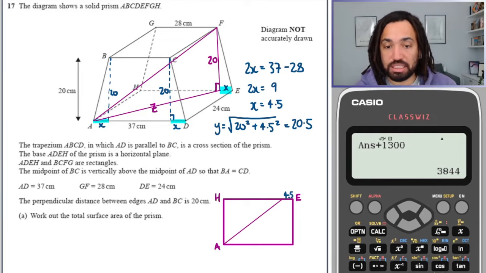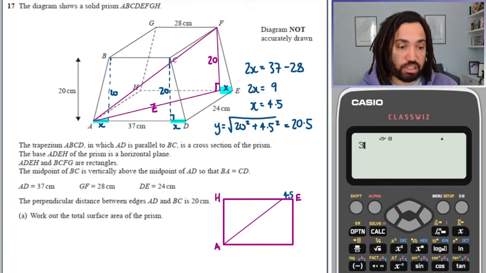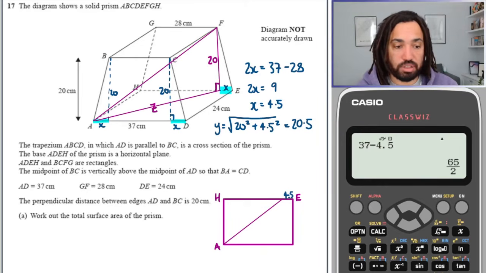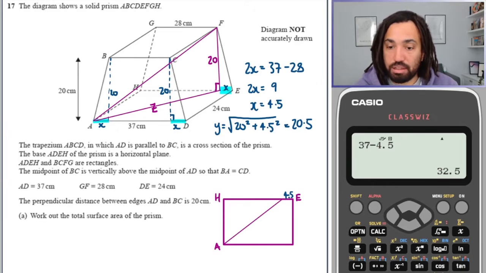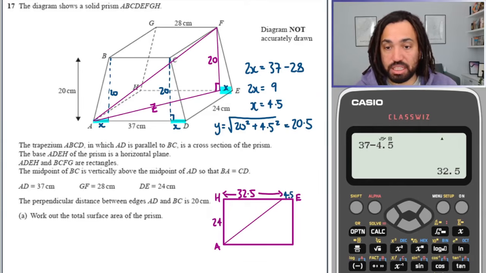Well, that whole base is 37 wide. So we'll need to do 37 minus 4.5, which gives us 32.5. So 32.5 is this distance across here, and then A to H is 24 because it's the same as D to E.